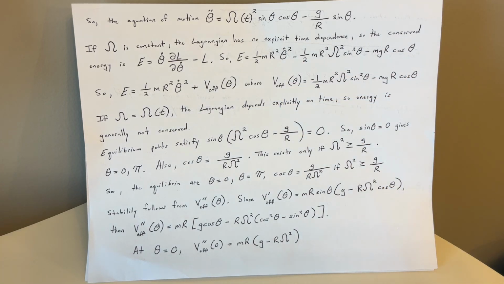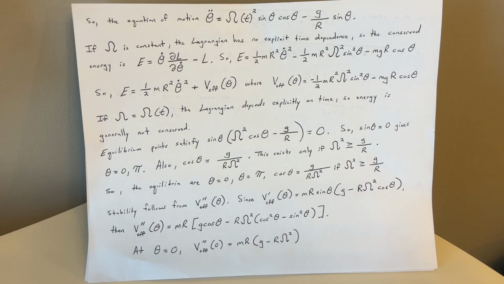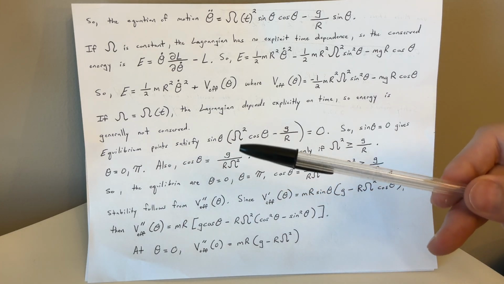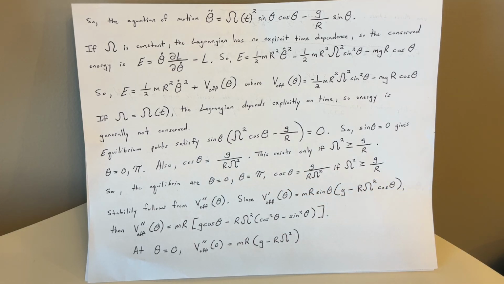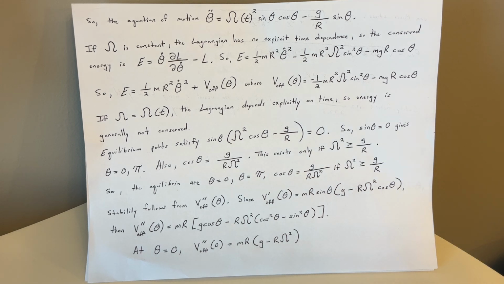And if omega equals Omega of t, the Lagrangian depends explicitly on time. So energy is generally not conserved in that situation. Our equilibrium points satisfy sine theta times the quantity omega squared cosine theta minus g over r equal to 0. So sine of theta equals 0 gives 0 and pi.